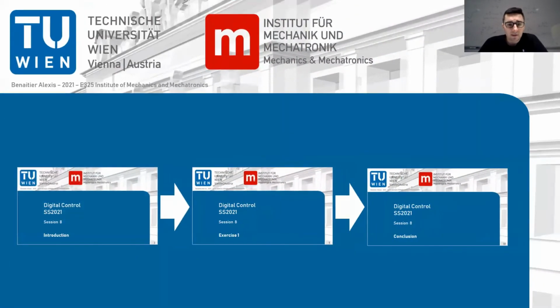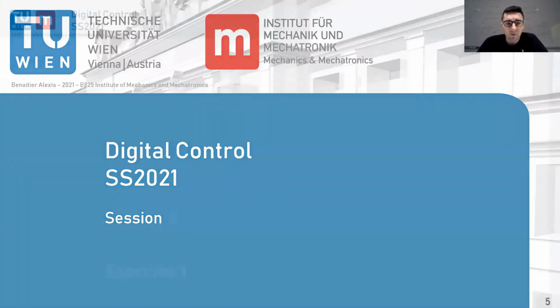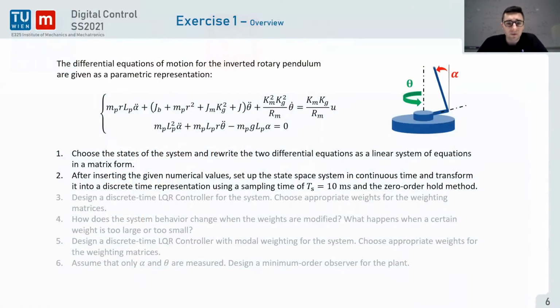Okay, so let's start right away. We have a continuous time differential equation, and out of it already last time, with the same sampling time of 10 milliseconds. The first and second questions are rigorously the same as in exercise 1 of session 7.